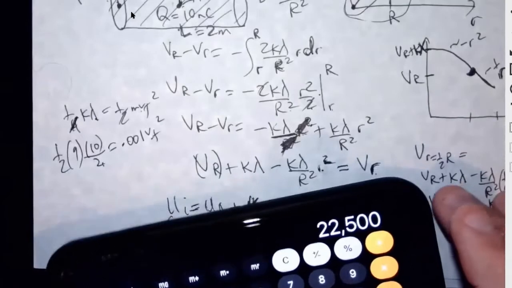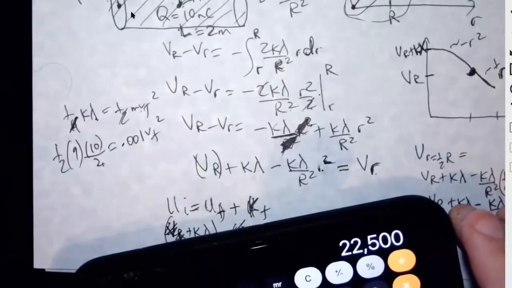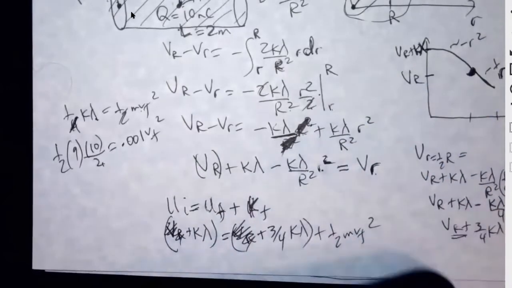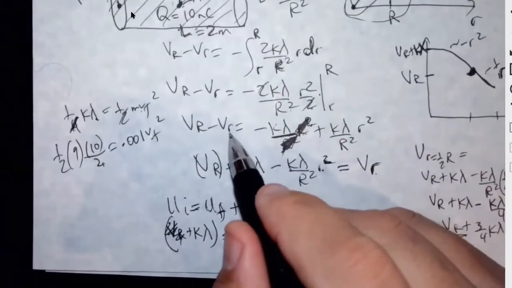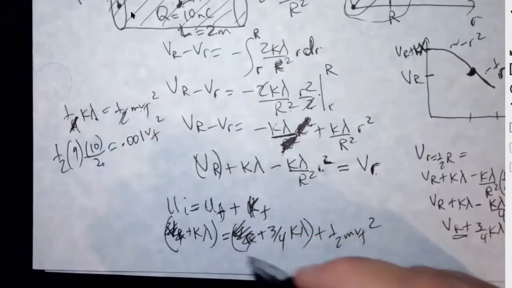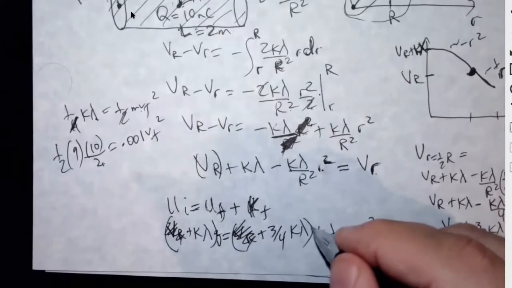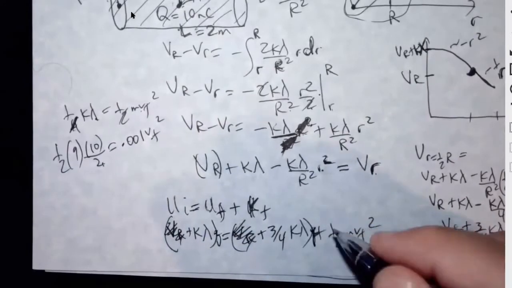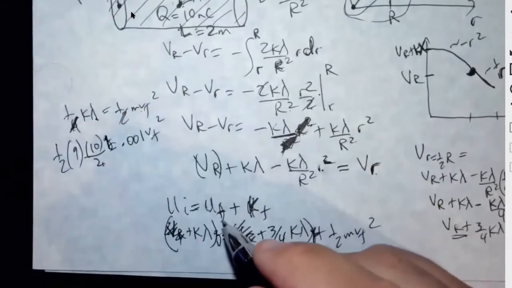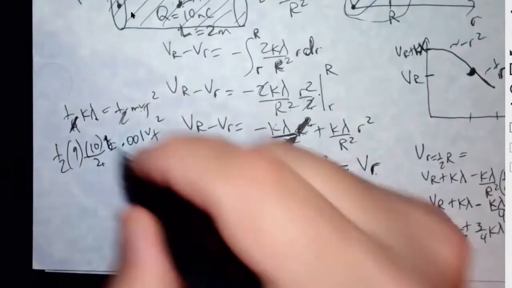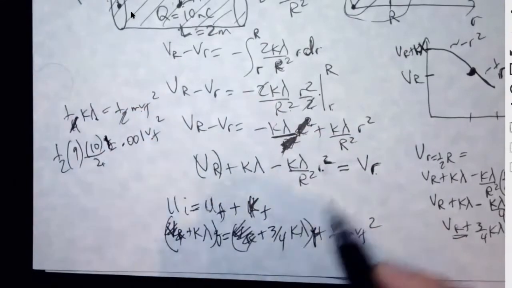Oh, wait. I'm forgetting something. It wasn't that big. I'm forgetting that this has to be potential energy. The potential energy is its charge times this, right? So this is only voltage. So I need its charge, which is what? 1 nanocoulomb, right? Remember, these ones are just voltages.